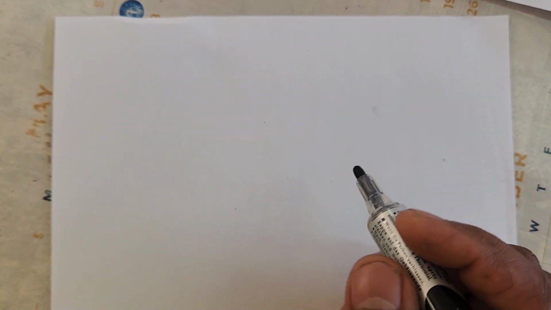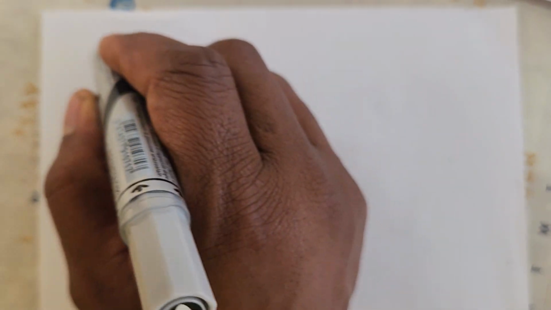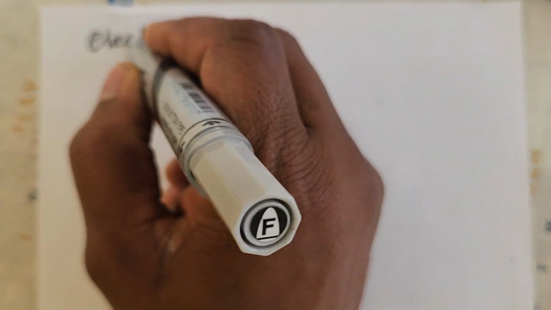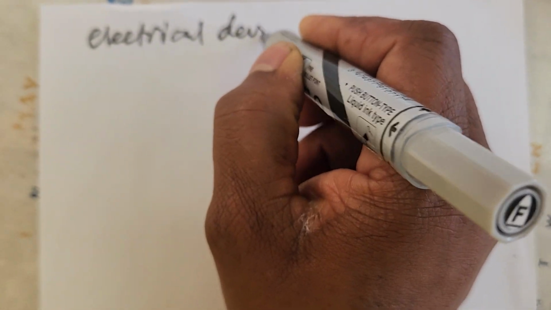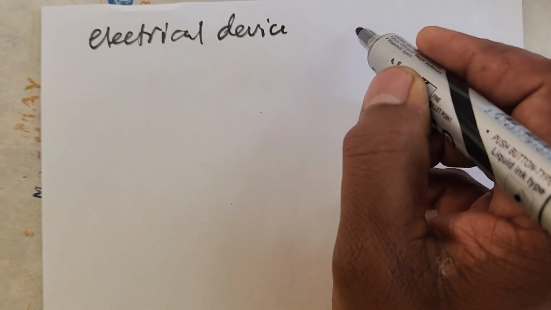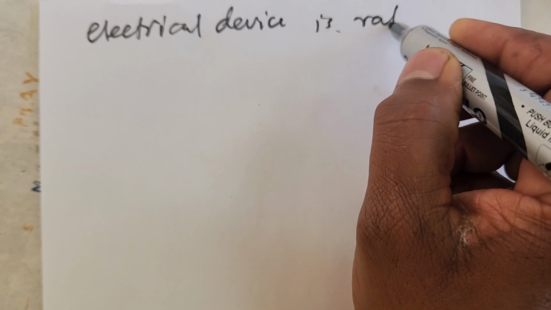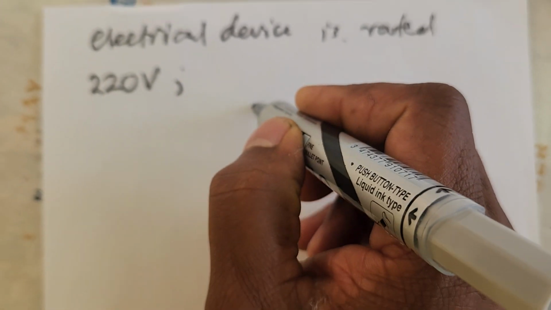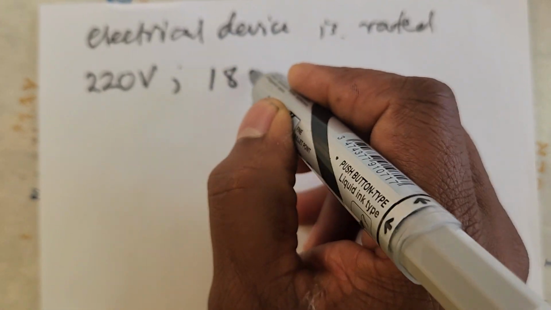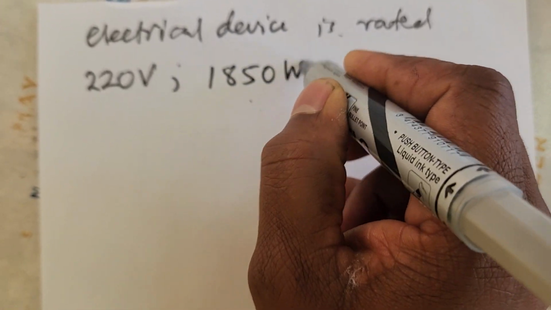Welcome back. We were having a question that we posed, and we are about to solve it. It says an electrical device is rated 220 volts and 1850 watts.